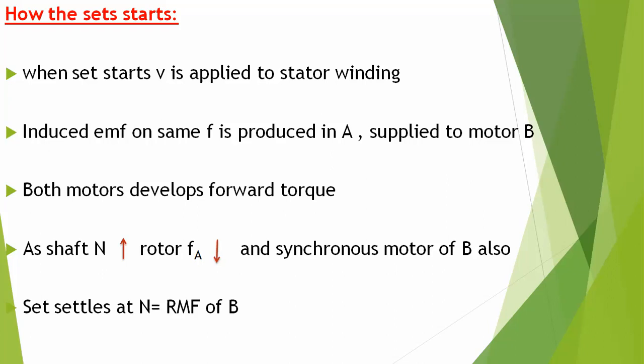So the total set of A and B will be settling down to a stable speed when the shaft speed becomes equal to the speed of the rotating field of motor B. Okay, so the shaft speed will settle to the RMF speed of motor B.